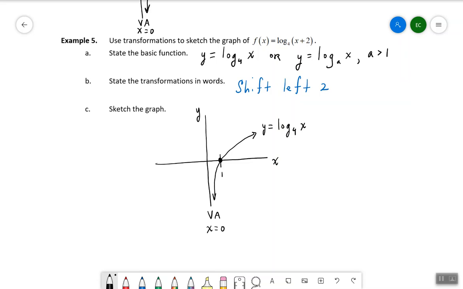If we're going to shift this thing to the left 2, then you might like to start with the x-intercept at 1, 0. If it goes to the left 2 units, then it's going to end up at negative 1, 0. The other thing that we really want to shift here is the vertical asymptote. When it comes to the left 2, then we have a brand new vertical asymptote at x equals negative 2.